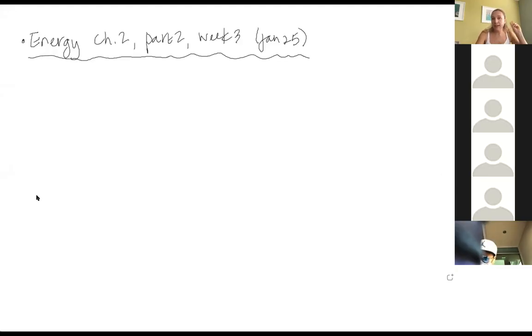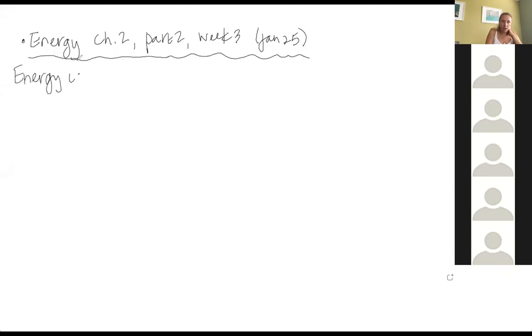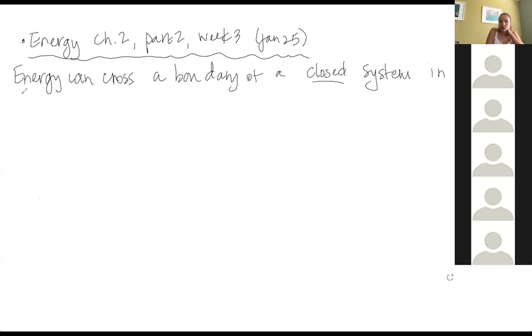So energy, we're looking at chapter 2 continued. We're looking at chapter 2, part 2, and this is week 3 of class. It's on January 25th. I'm writing a note here that energy can cross a boundary of a closed system in 2 forms.